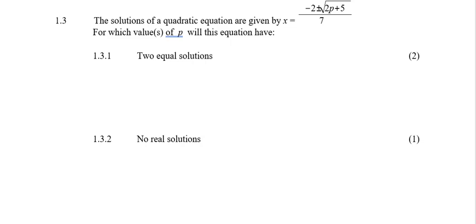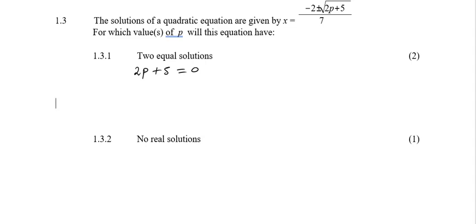So in other words, if the question asks about equal solutions, go straight to the square root, which means what is inside the square root must equal 0. So 2p plus 5 must exactly equal 0.